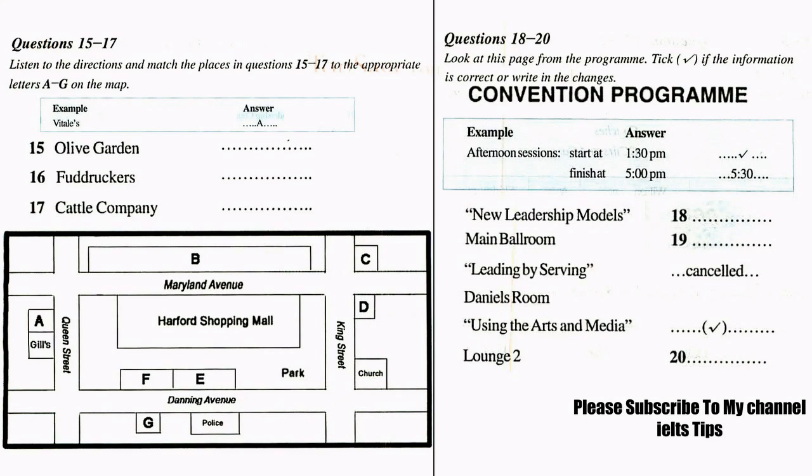On the other hand, if you want some good old American food, you can head to Fuddruckers for some big hamburgers or to the Cattle Company for some fat, juicy steak. Fuddruckers is next to the Olive Garden, but the Cattle Company is back closer to us in the opposite direction of Vital's. Just go east out of the Convention Center across King Street.